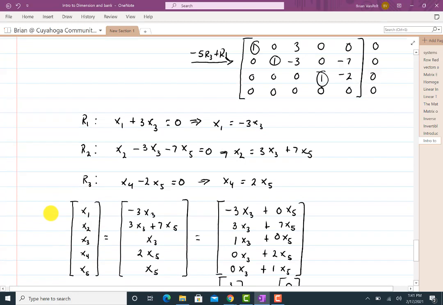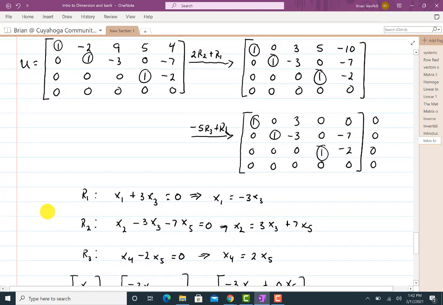So this is probably a very important thing: when we were finding col A, we looked at the pivot columns. Well, then the columns that were left over, the non-pivot columns, we used to determine null A. So in other words, every column is either a pivot or a non-pivot.